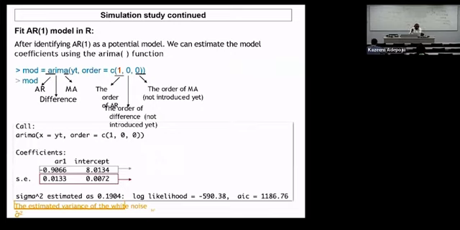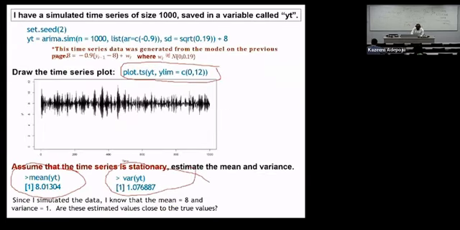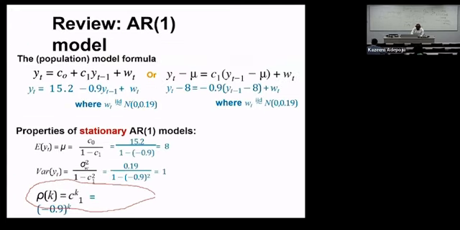How, you may be wondering, when you have a model specified, if AR1 model is specified as this, right? If AR of order one is specified like that, from the data set, how are we going to obtain 15.2 and the negative 0.9?